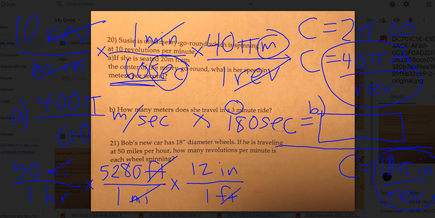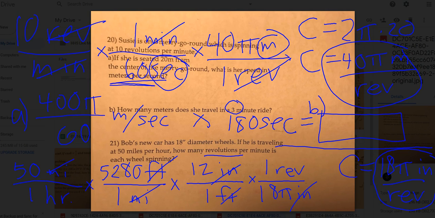Now be careful here. We want to use it because we want revolutions on the top. So when I use this fact, I'm going to put 1 revolution on the top and 18 pi inches on the bottom, so the inches units will cancel. You see how I flipped that upside down? Yeah. Right now we have it in revolutions per hour.